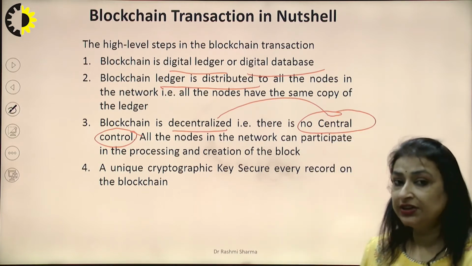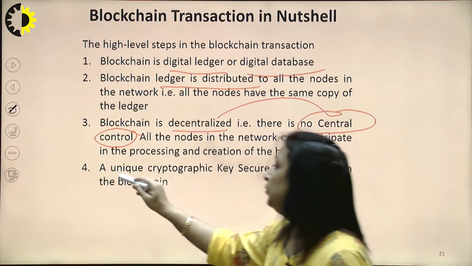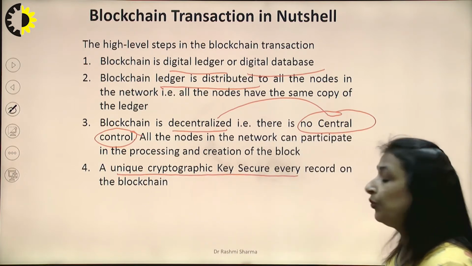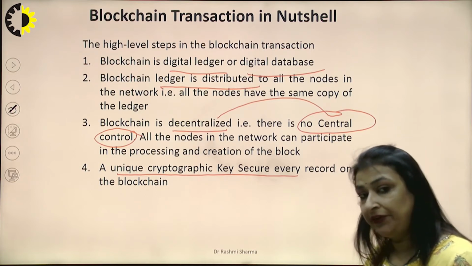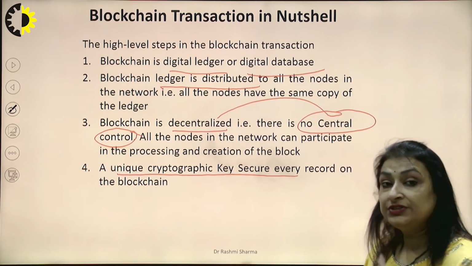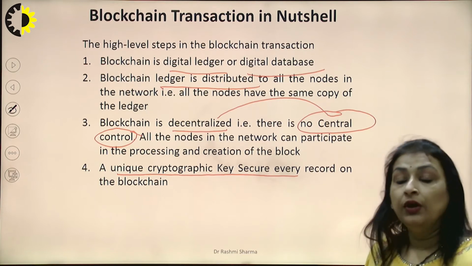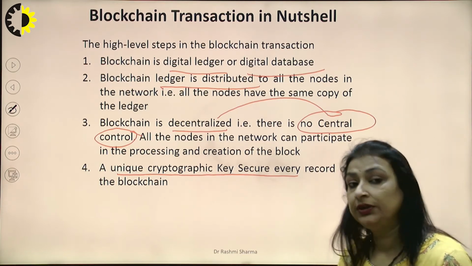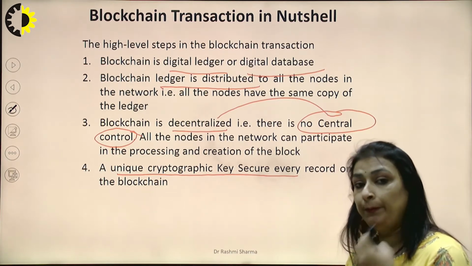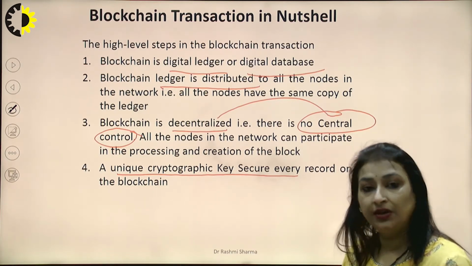Each and every time, we are generating a unique cryptographic secure record. Unique, as the hash code generated is unique. Cryptography means we are using hash values from SHA-256, the secure hash algorithm function, which generates a unique value each and every time.